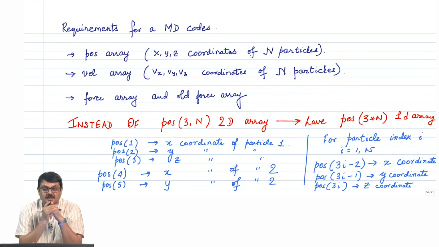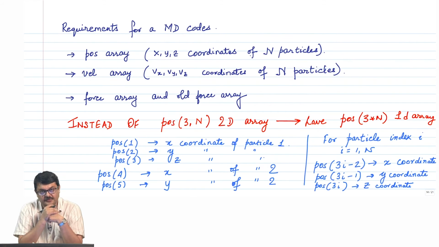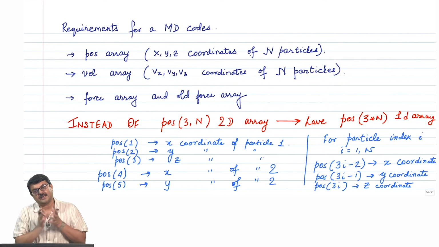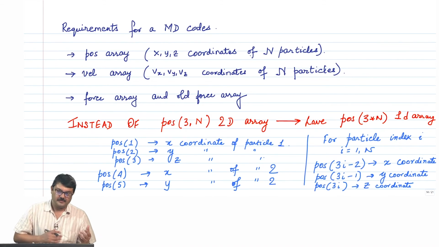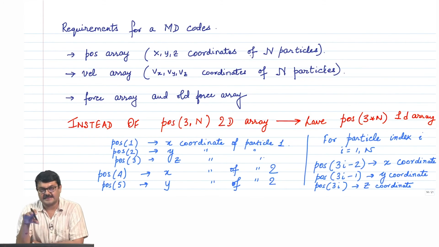Now, let us go slightly into the gory details and discuss the algorithm in greater detail, and that is exactly what we did for the Ising model as well. If you remember, we first discussed the physics of the problem, then we discussed a bit of how it is going to be implemented, and then we slowly went into greater detail about how that algorithm is going to be implemented, what various things one has to be careful about, and that is exactly the path we are going to choose for our MD.